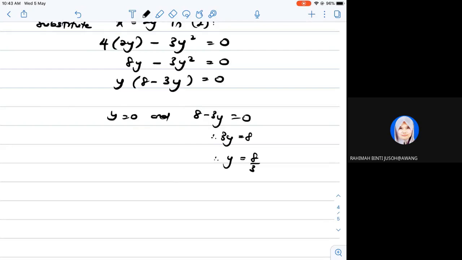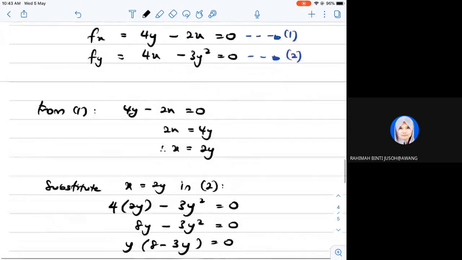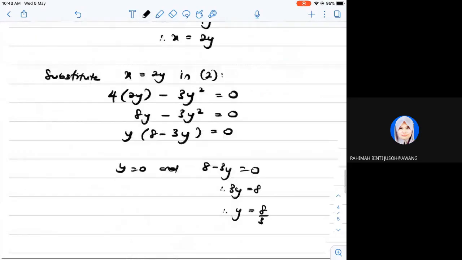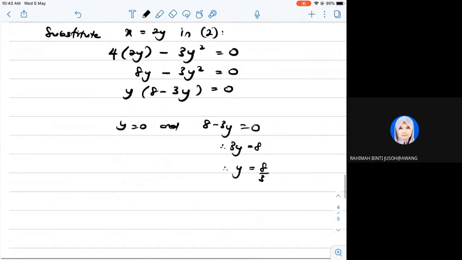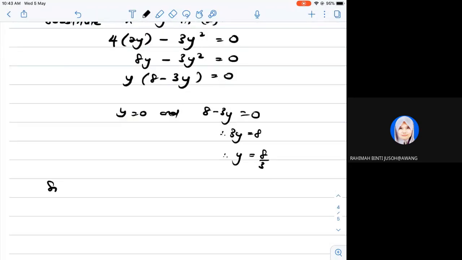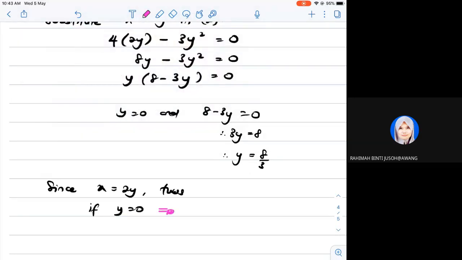Okay. All right. Now, since x equals to 2y, thus, when y equals to 0, of course lah kita dapat x pun equals to 0, isn't it?